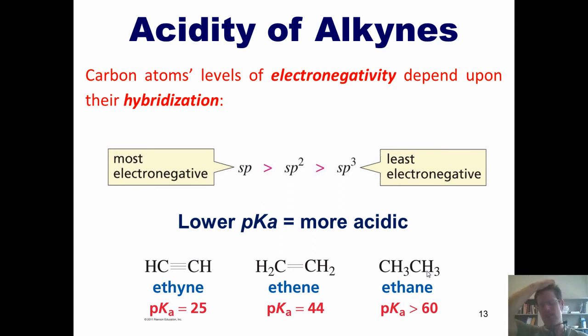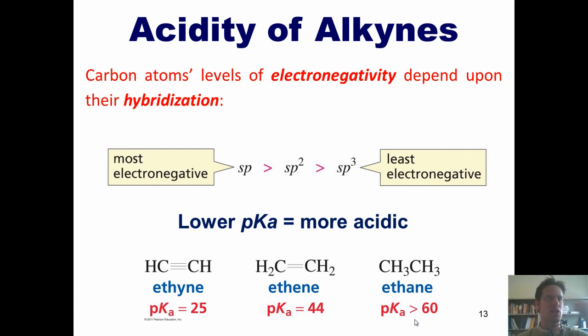What in the world do these numbers really mean? Well, looking at an alkane, for example, if I have a pKa value of about 60, what that means is that if you had 10 raised to the 60th power molecules of an alkane, now you can imagine how large that number is. That's 10 with 59 zeros after it.